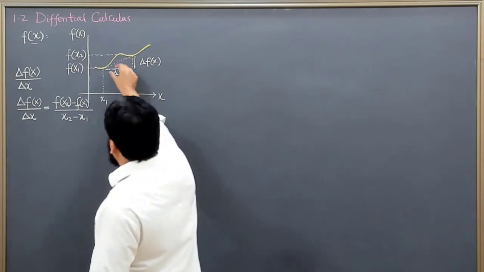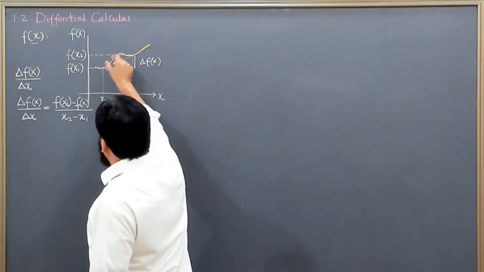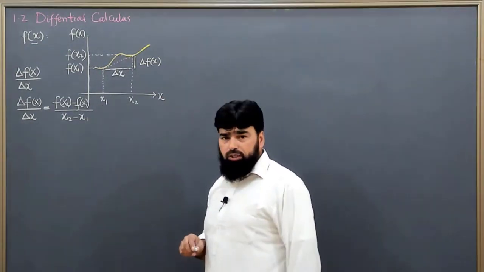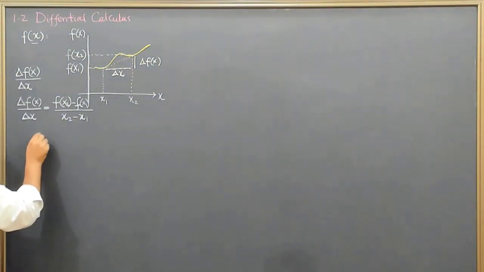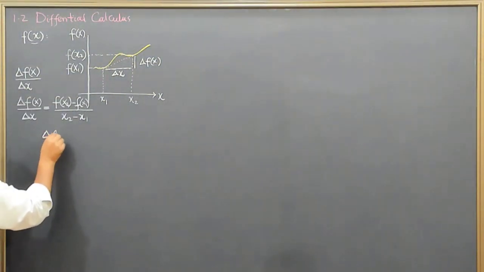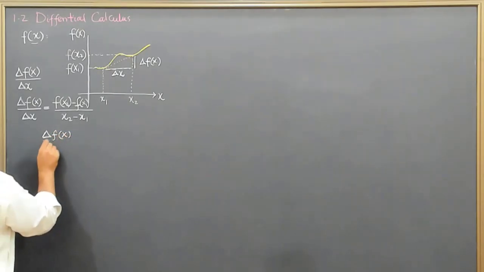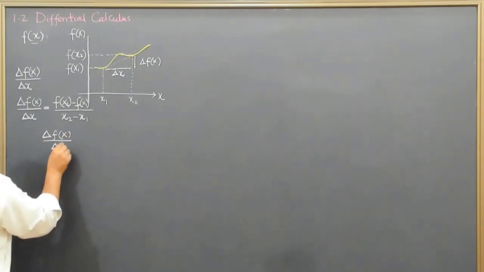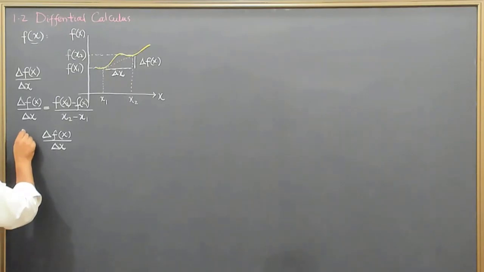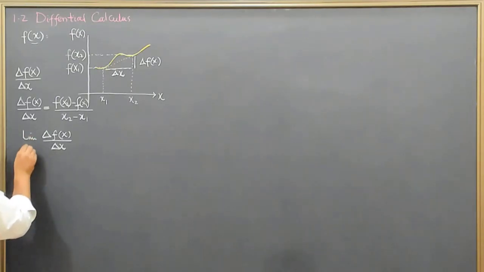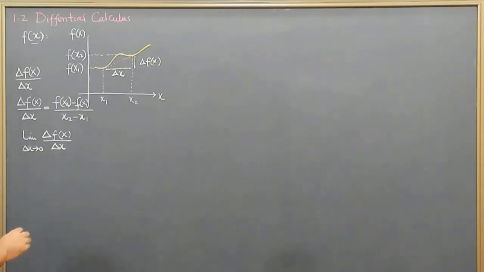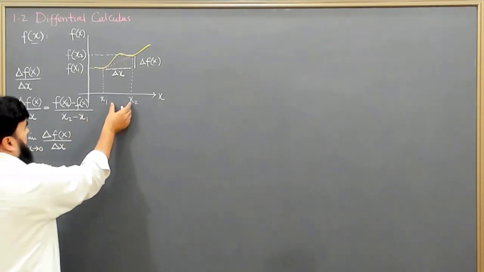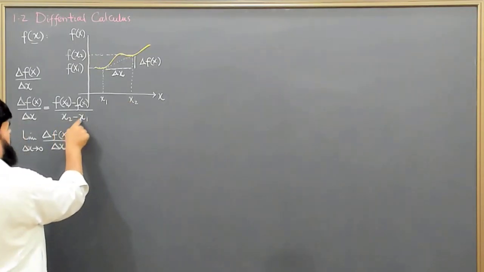In order to include my function, I will have to reduce the step size, and then I can write delta f of x divided by delta x, and let me take the limit such that delta x goes to 0. This is a very small change. So what will happen? Delta x means x2 minus x1.